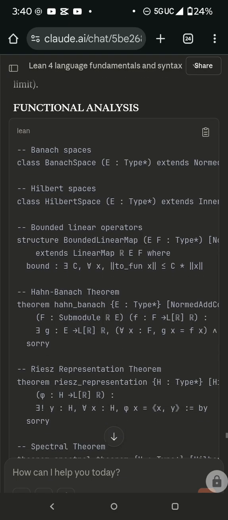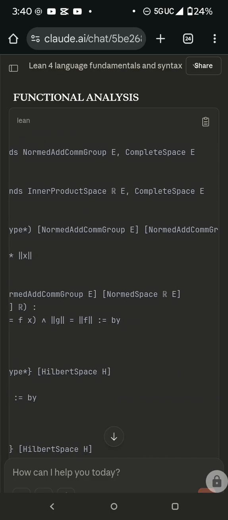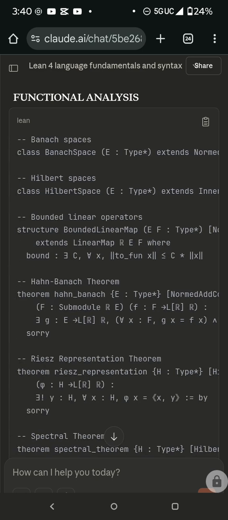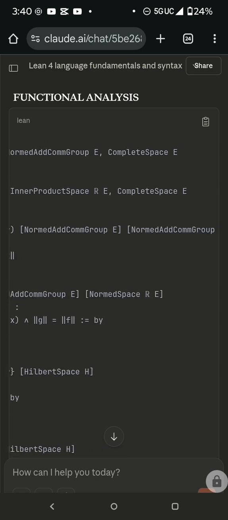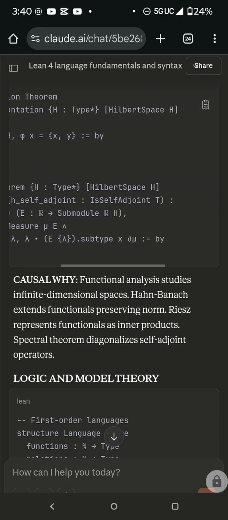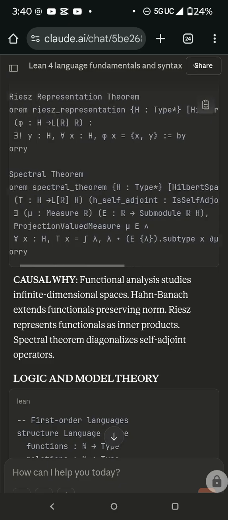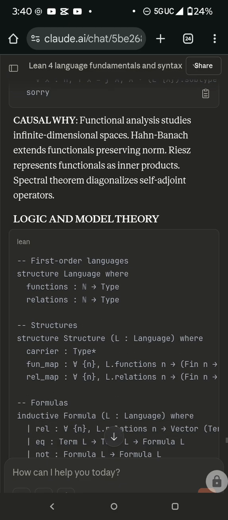I bet it's true. Next, functional analysis: Banach spaces, Hilbert spaces, bounded linear operators, Hahn-Banach theorem, and more. Spectral theorem and all this as well. Causal Y: functional analysis studies infinite dimensional spaces.